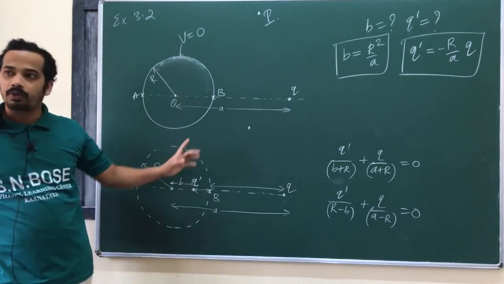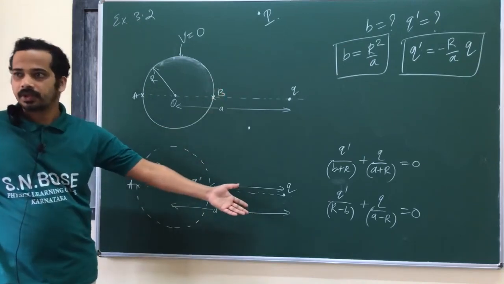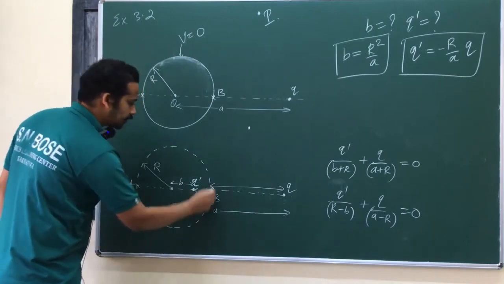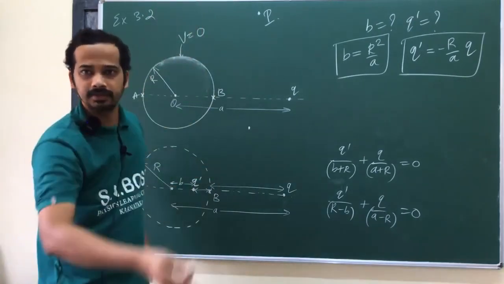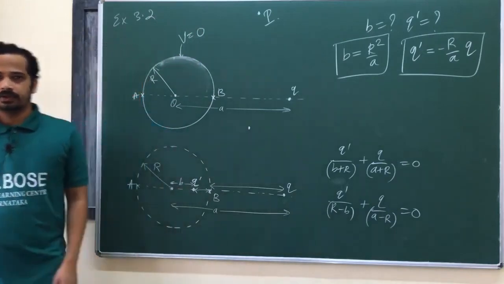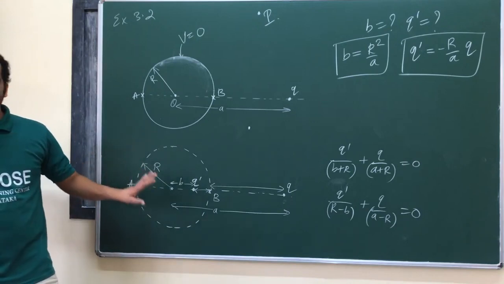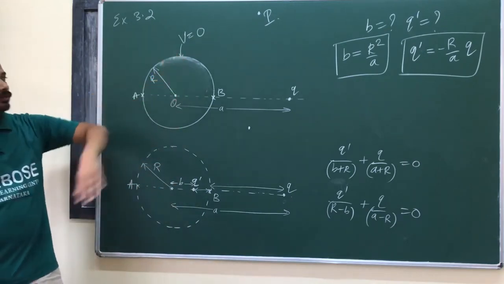Only the outside region matters: the boundary condition is the same, and the charge distribution is the same in the outside region. Boundary condition means this is the boundary of the outside region, and infinity is the other boundary. So whatever solution you get from this configuration should be the same as what you get from the original configuration.